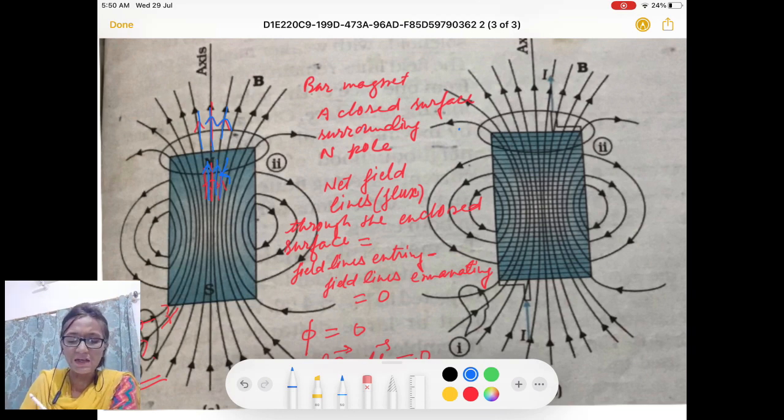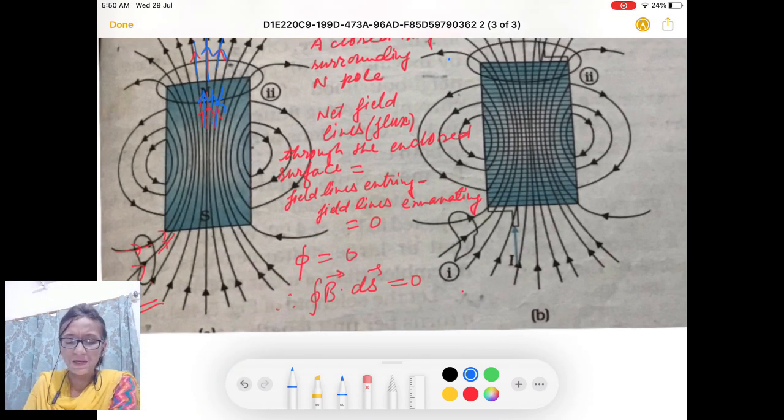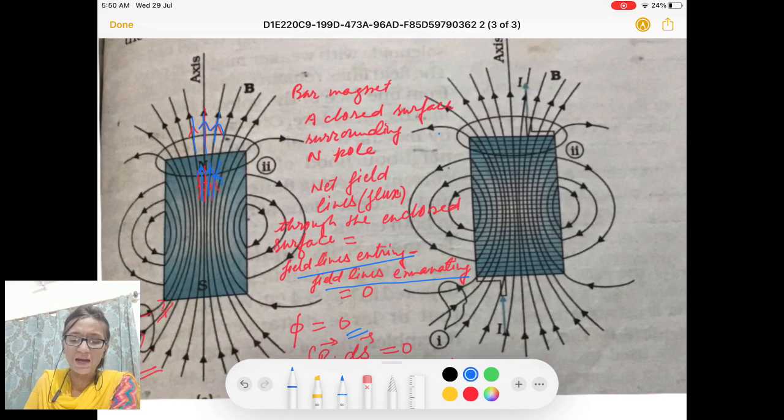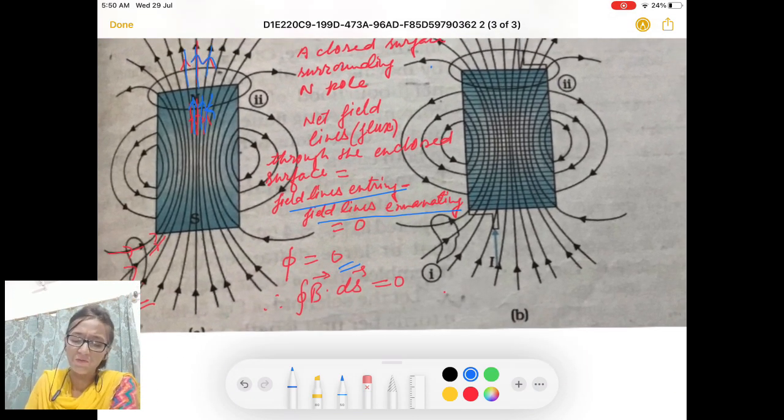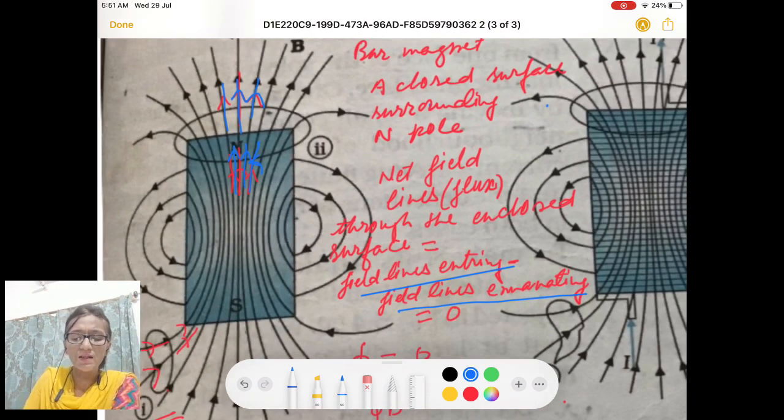So net number of field lines becomes equal to 0, as total number of field lines entering is equal to total field lines emanating. So their sum becomes equal to 0, and field lines are called actually flux. So flux becomes 0. This suggests that if you integrate all the magnetic field along a closed surface, then sum of the magnetic field along closed surface must be 0.